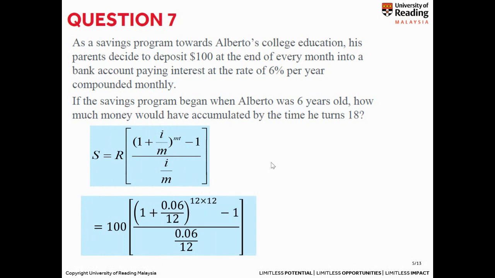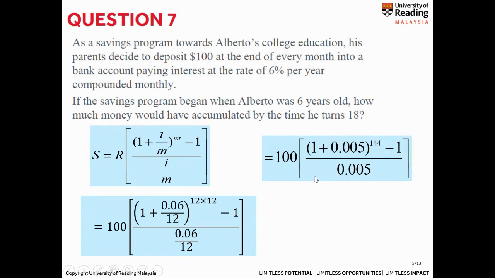i is 0.06. Compounded monthly, M is 12. t is 12 years, so you sub the t as 12. Now simplify all the fractions in the numerator and denominator. Please use the calculator and work this out carefully.